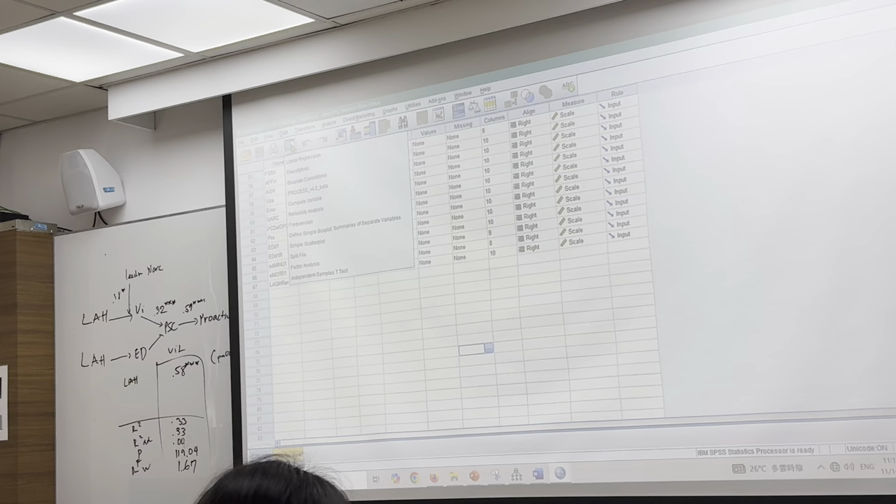We already tested LAH vitality, right? So let's try to test LAH vitality moderated by the narcissism and controlled by several control variables. All right, so first thing, I need to calculate the mean values. Mean value of the IV and moderator. So in this case, the IV is LAH, and the moderator is the narcissism.